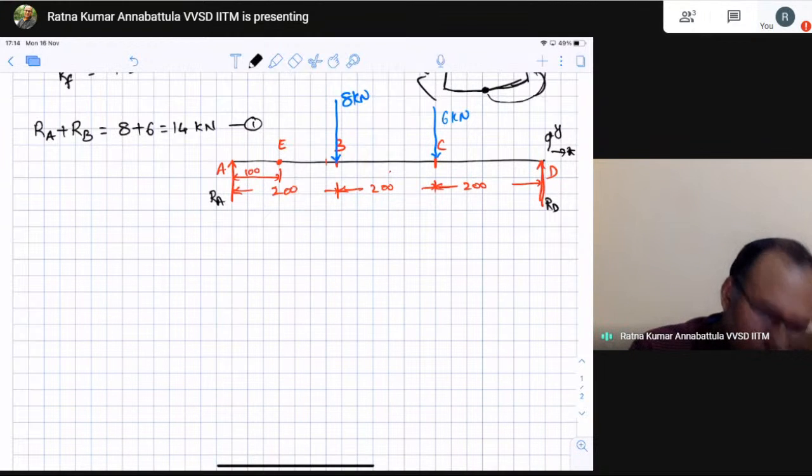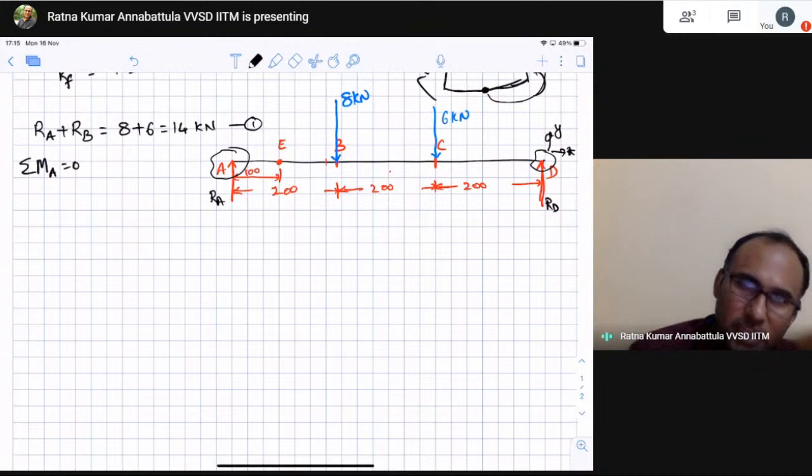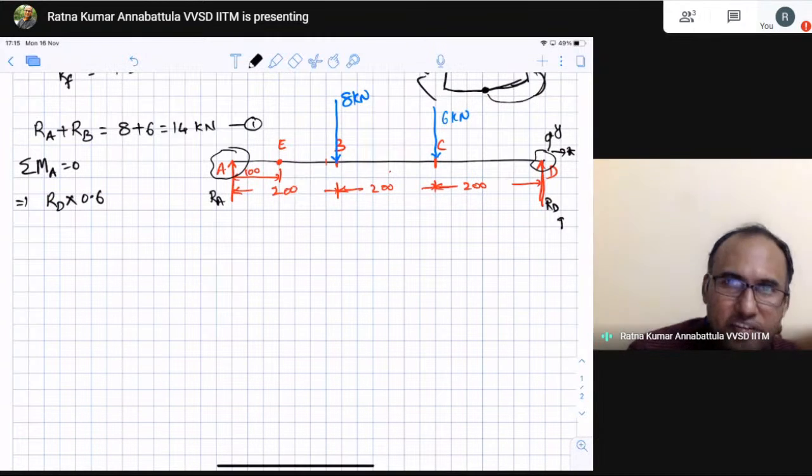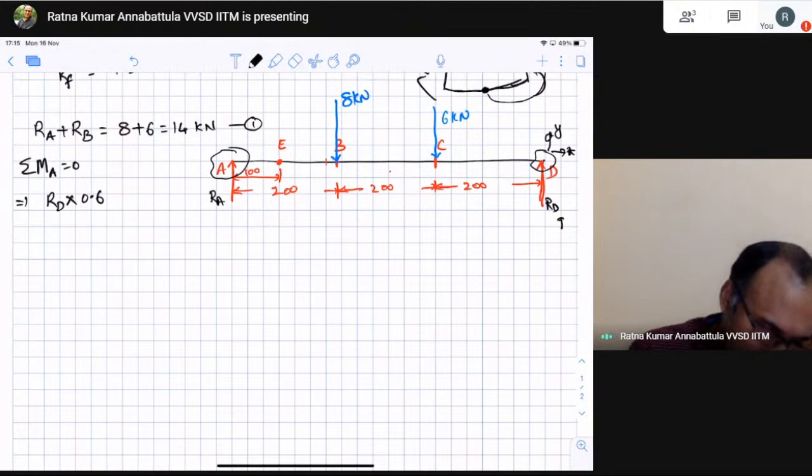We have done the force equilibrium. Now let us do the moment equilibrium. Because this is simply supported, the moment at the end should be 0. So I am saying MA should be equal to 0. MA means the moment about point A because of all the forces acting on the system. So I come from this side, that is RD times 0.6 meters. I am writing everything in SI units. Then minus 6 into 0.4. Why did I put minus? Because this force will create a moment in this direction about A, and this one will create a moment in the opposite direction.